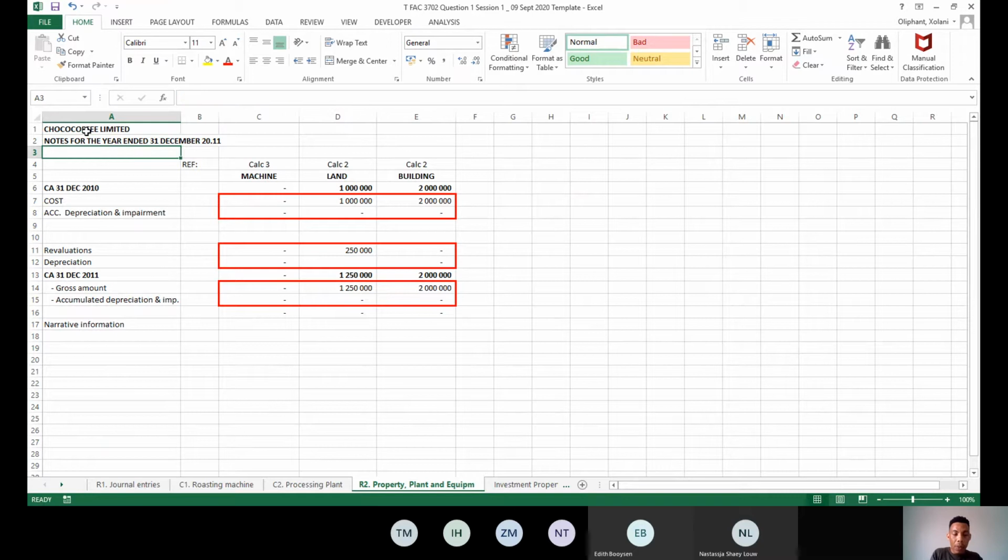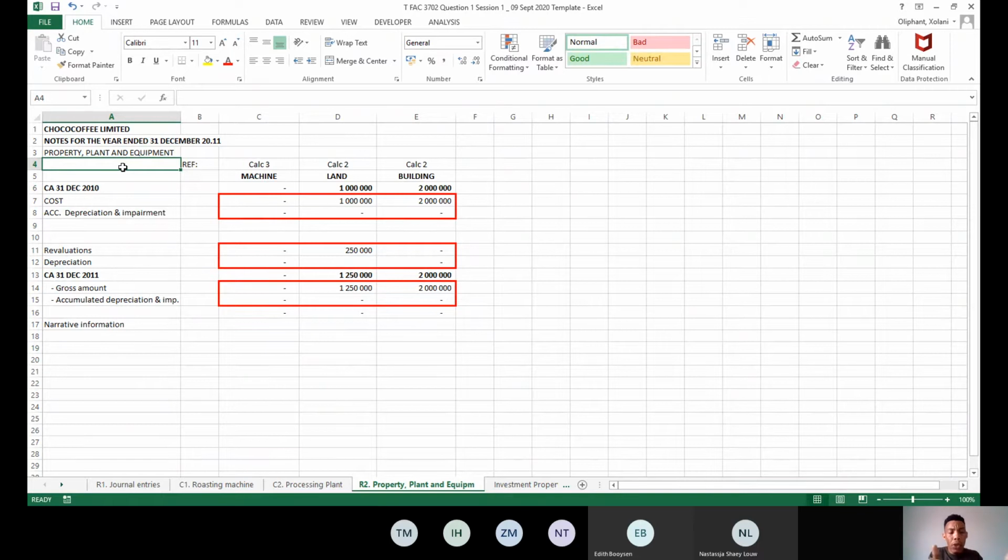I think what I've omitted here, I'm going to say property, plant, and equipment. Okay, so you need to tell the marker who you are doing it for and which note it relates to.